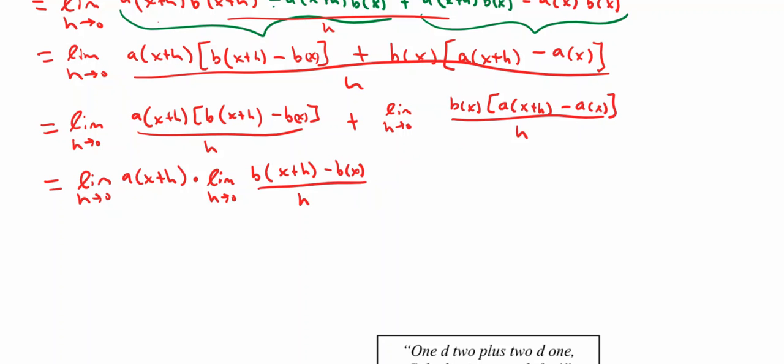And I promise this is all going to make sense here in a second. It's all going to work out why we're doing this. So then we're going to say plus, and then again we'll do the limit as h approaches 0 of just b of x. Okay. And then times the limit as h approaches 0 of everything that's left there, right? So that would be a of x plus h minus a of x all over h.